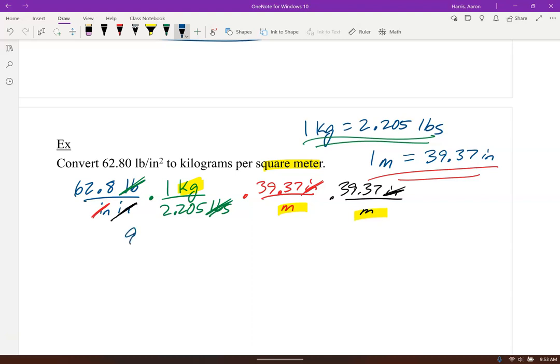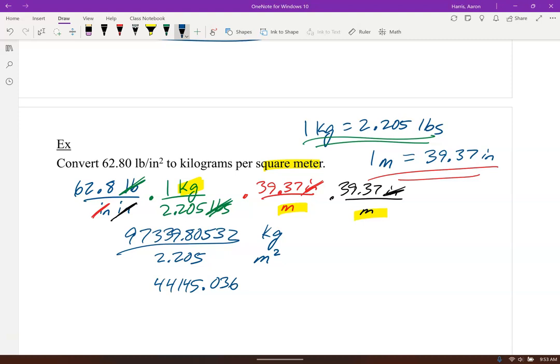And I get 97339.80532. On the bottom, I got 2.205. And I'm in kilograms per square meter. And I get 44,145.03643 kilograms per square meter.